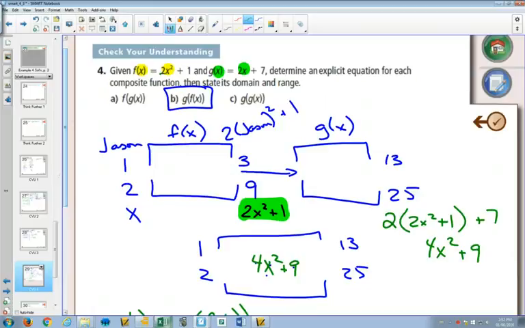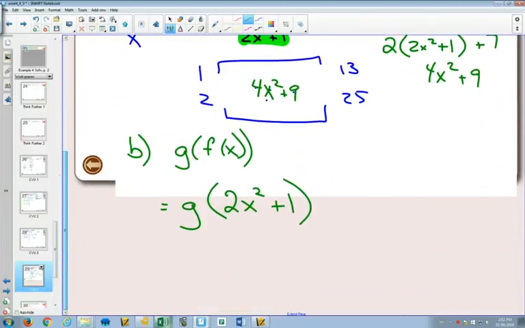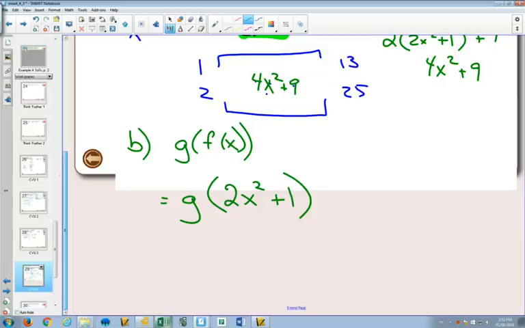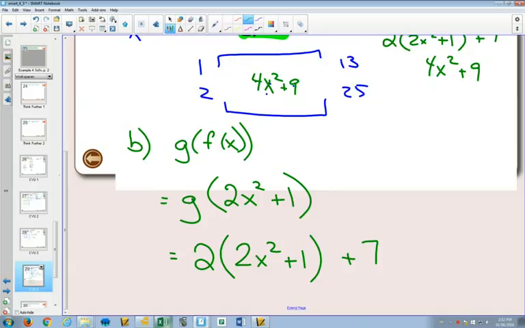The g function says whatever you put in gets multiplied by 2, and then you add 7. So if we put 2x squared plus 1 into g, the g function says whatever you put in gets multiplied by 2, and then you add 7. I'm going to highlight this in green and highlight it here in green.